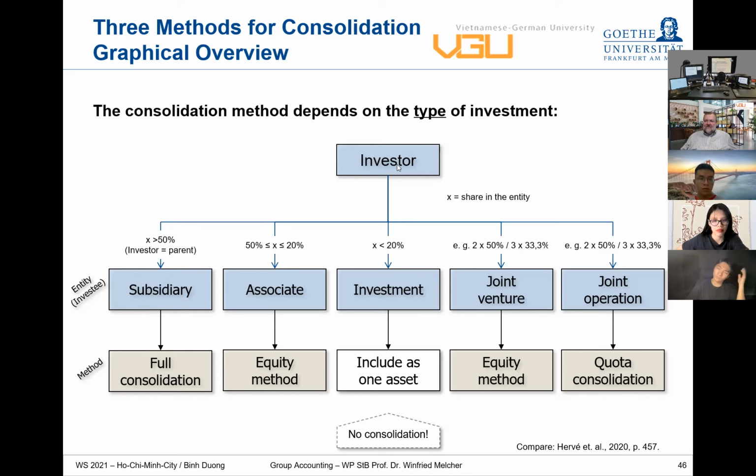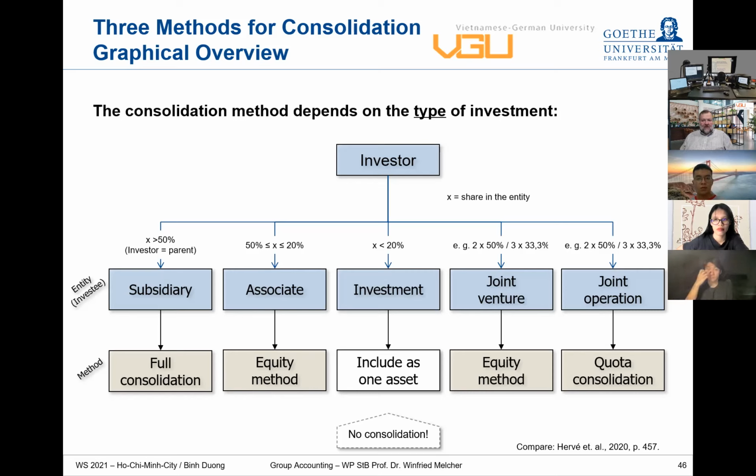Now, when the investor is holding 20 to 50%, we assume that this is an associate. And when we have an associate, we will use the equity method. I will show to you what that is. Basically, it is a one-line consolidation method. So we will not put all the assets and not all the liabilities into the group accounts.